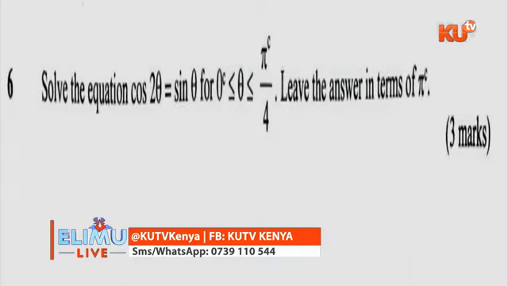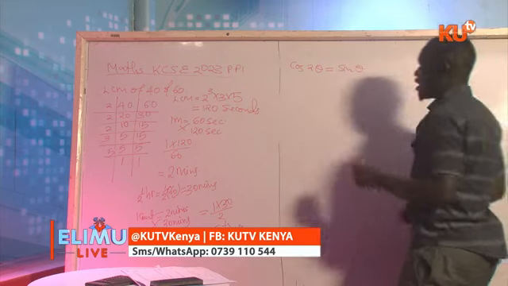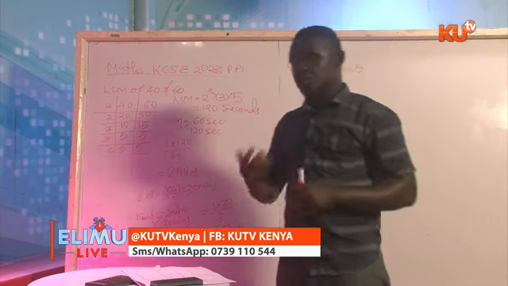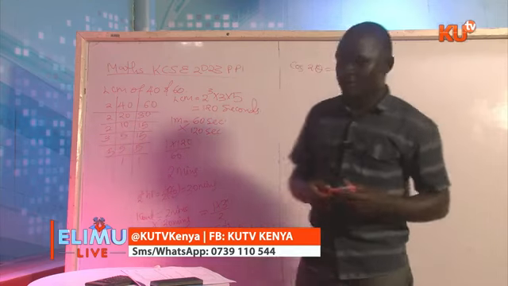When you are given such a question, there are a lot of things that you need to remember. So the equation is cos 2 theta equals sin theta, and we are given the range, from 0 to pi radians over 4.